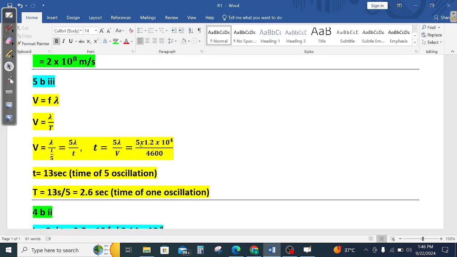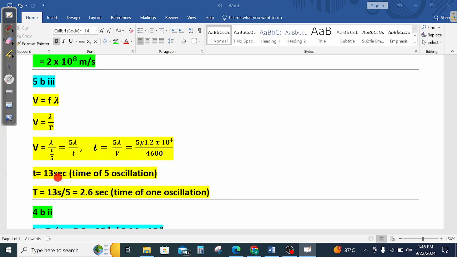So you must replace T with T by 5. This 5 will be multiplied by lambda. Here you will get 5λ/T, and you have to find the time, so T is interchanged with v. You will get T = 5λ/v. Write down the value: 5 multiplied by wavelength, and speed is given 4600. You will get 13 seconds.